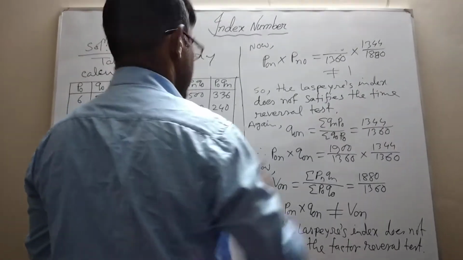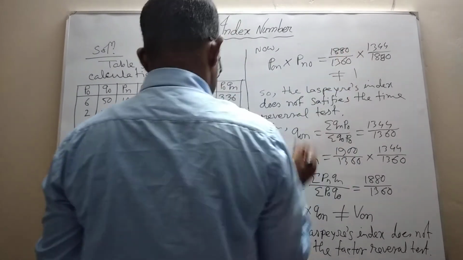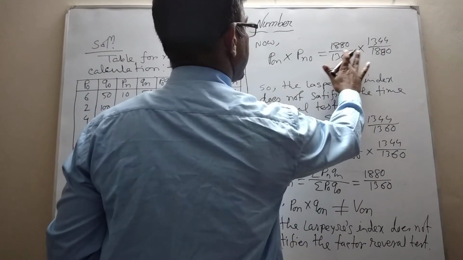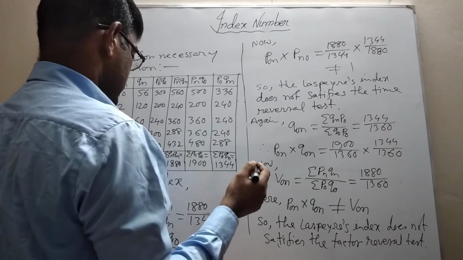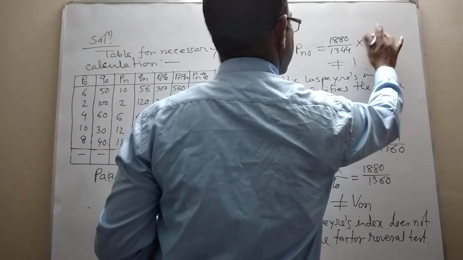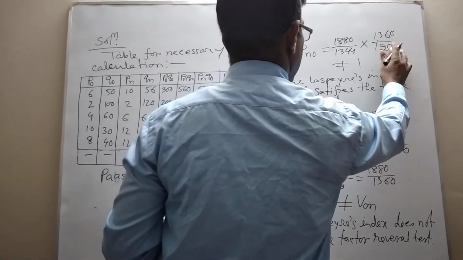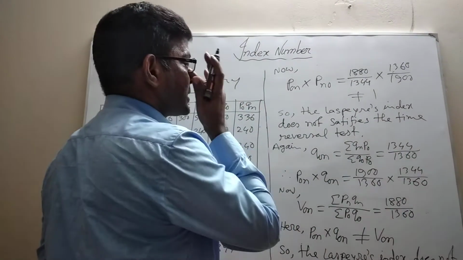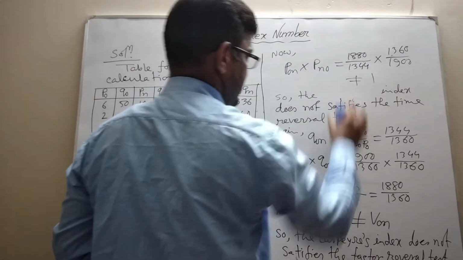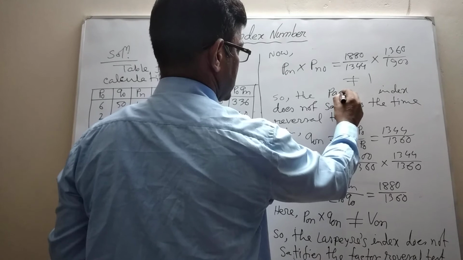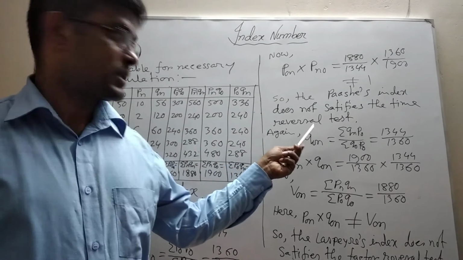That means 1880 by 1344 and 1360 and 1900. Dear students, this result is not equal to 1. So we can write the Paasche's index does not satisfy the time reversal test.